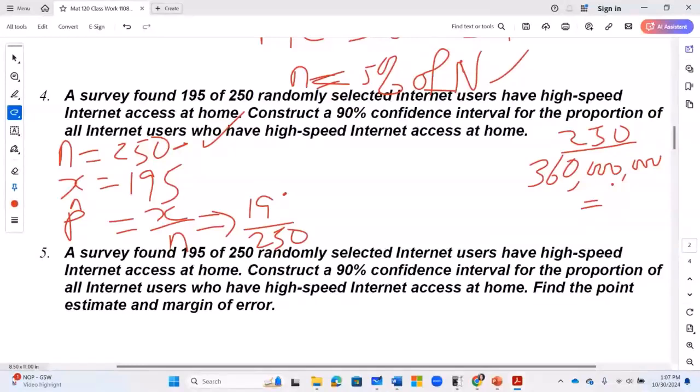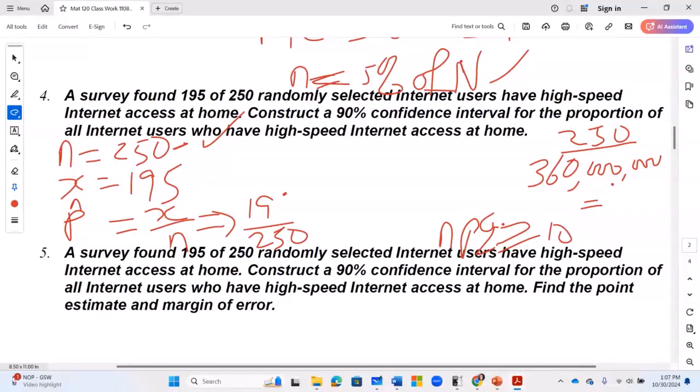Condition two: is N times P times Q greater than or equal to 10? Well, let's find that out.